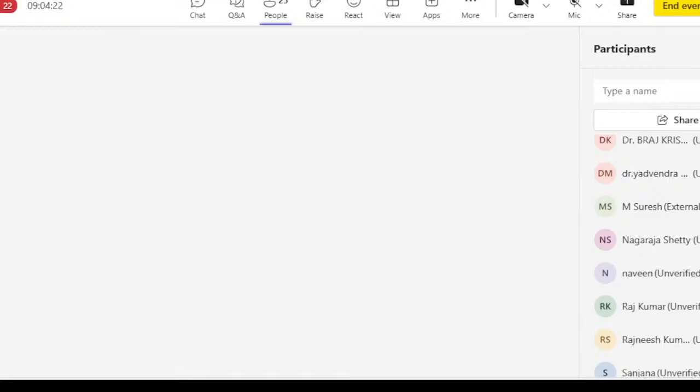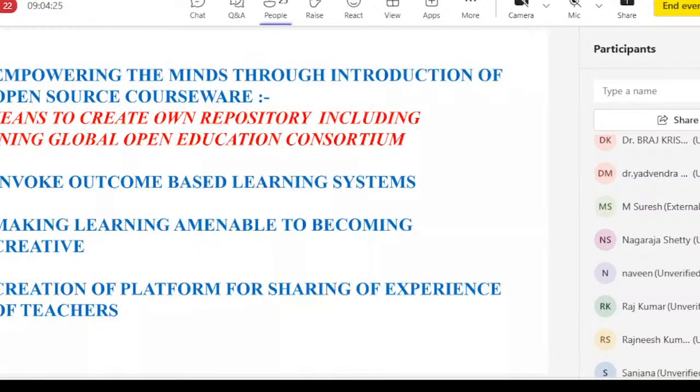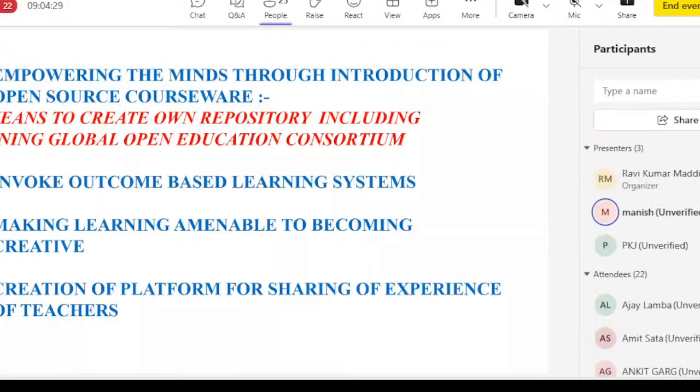So it is very important that you create a repository, you join the repository of knowledge, and then the students will automatically fish it out from there. Then always you have to make the ambience very clear that creativity will be used, or the students have to be creative in their learning process.